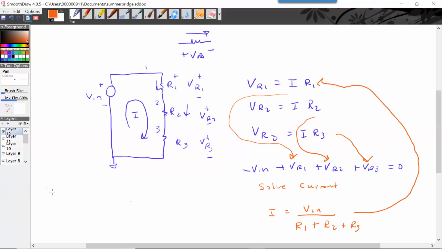And so what's VR1? It's Vn over R1 plus R2 plus R3, times R1. All right.